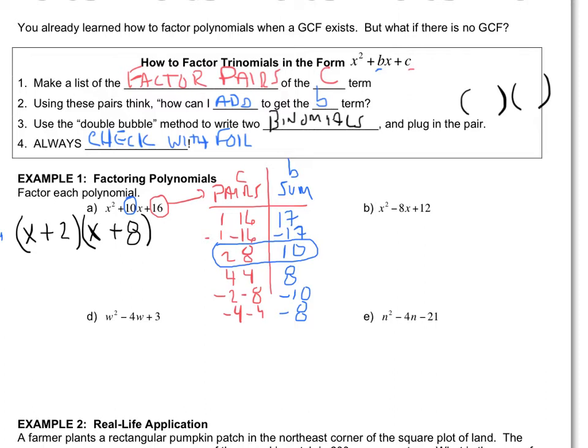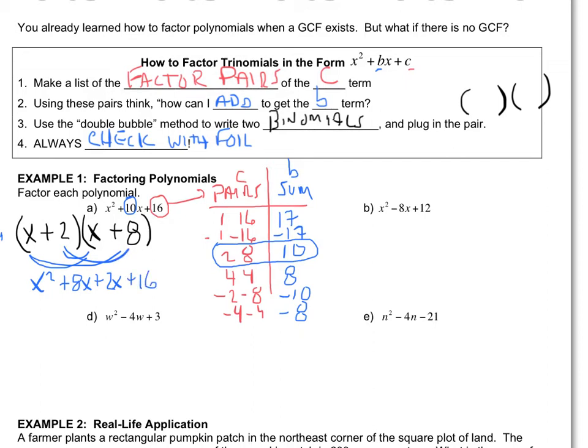So we want to check it, we want to make sure. This is where I would use my FOIL method. x times x is x squared. x times 8 is plus 8x. 2 times x is 2x. 2 times 8 is your 16.